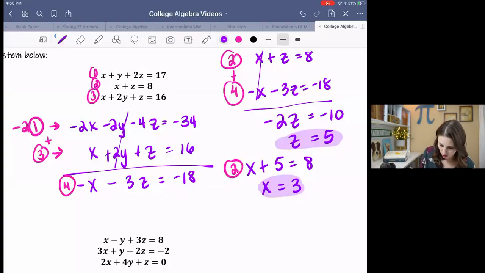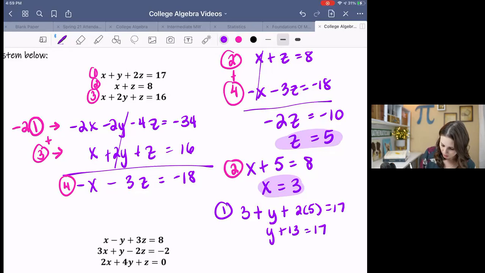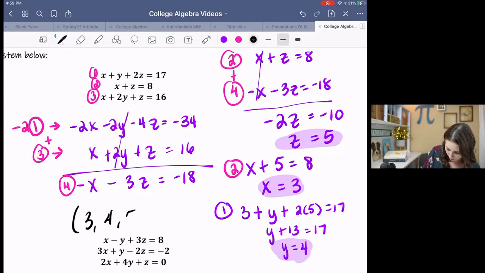I'm going to use equation 1. X plus y plus 2z is 17. And then subtract 13 to get 4. So the solution to this system is 3, 4, 5. Ooh, I like that. That's fun.